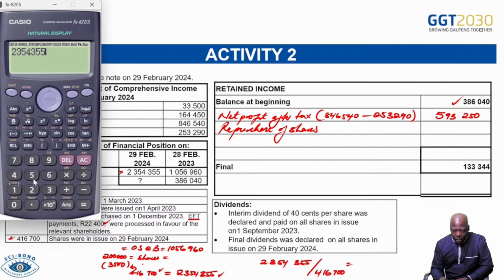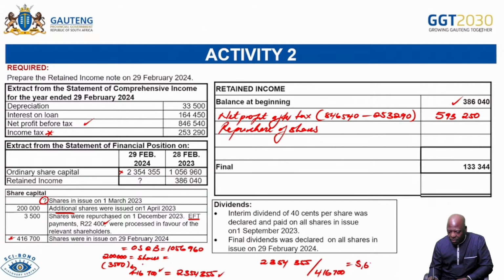That will give me an amount of 5 rand 65. That means on my triangle, on the left side, the average price would be 5 rand 65.